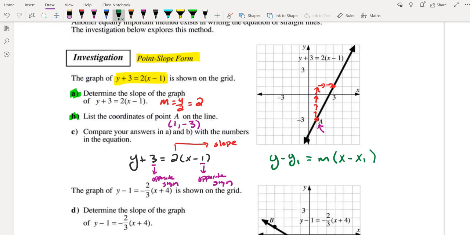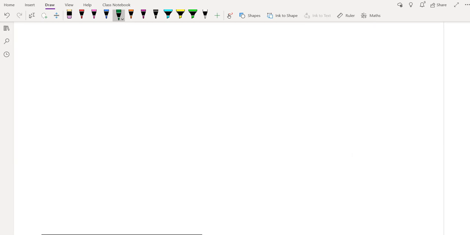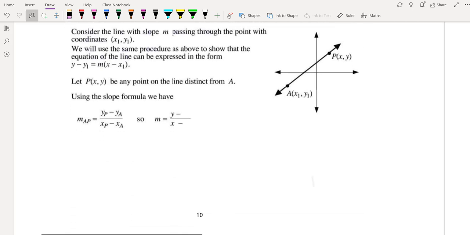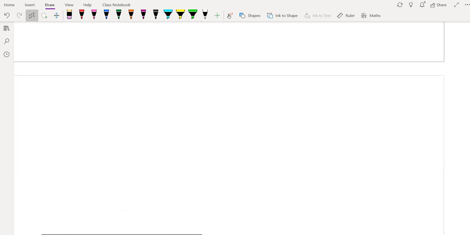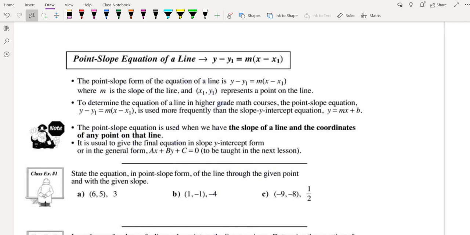And this is known as the point slope form. So let's skip a page here. I'm not going to do the next investigation, and we're going to go straight to working with this equation, just above where it says equation 1.